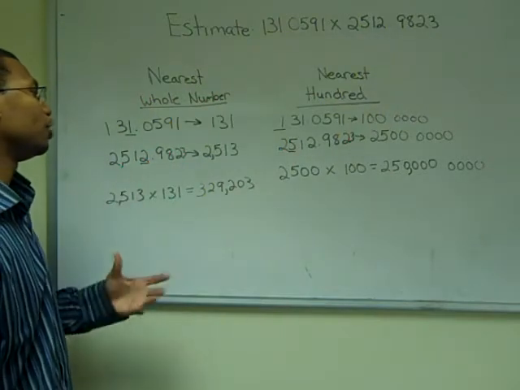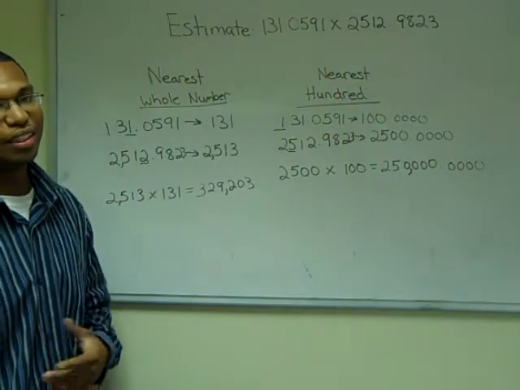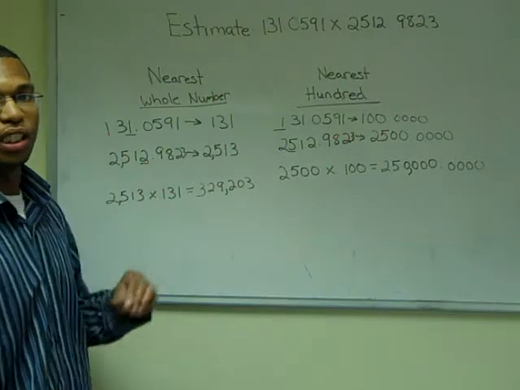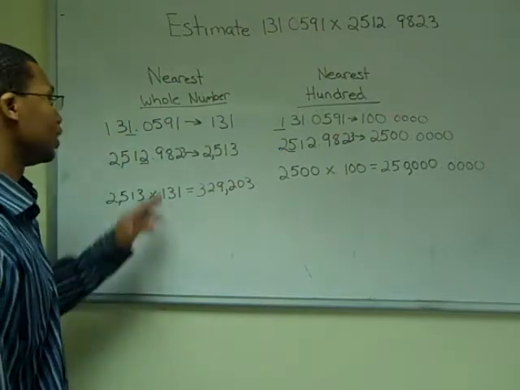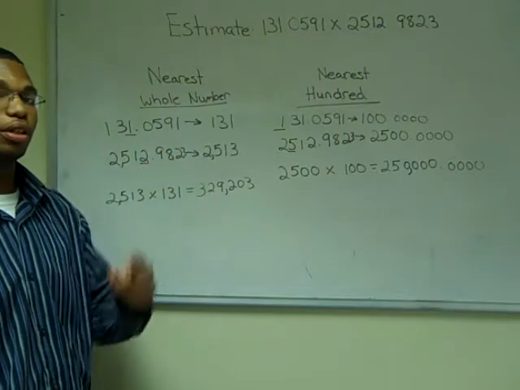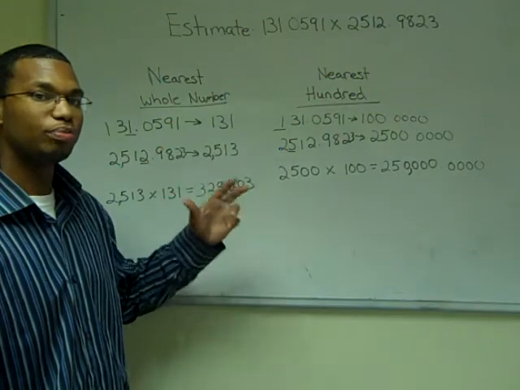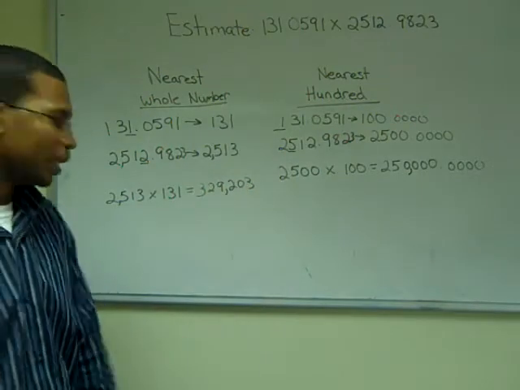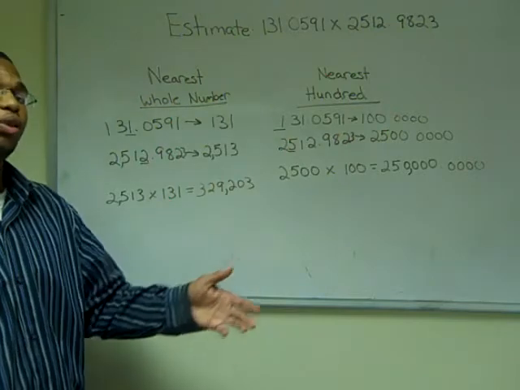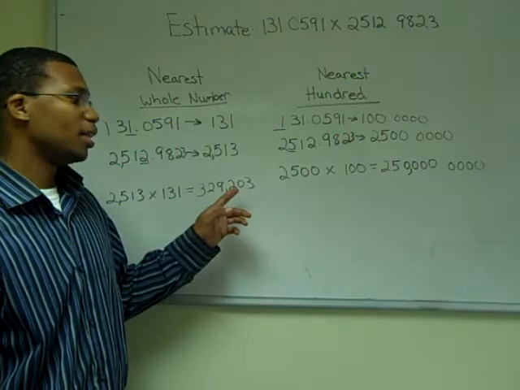And 2,512 and 9,823 10,000ths, looking at the ones value, the digit immediately to the right of the 2 is the 9. So since 9 is greater than 4, that means our 2 is going to be bumped up 1. So thus our whole number is going to be 2,513. Doing the multiplication, 2,513 times 131 is going to give 329,203.